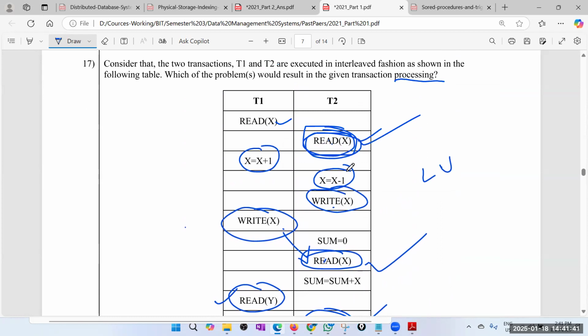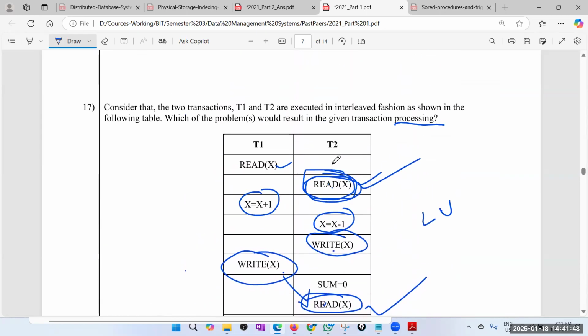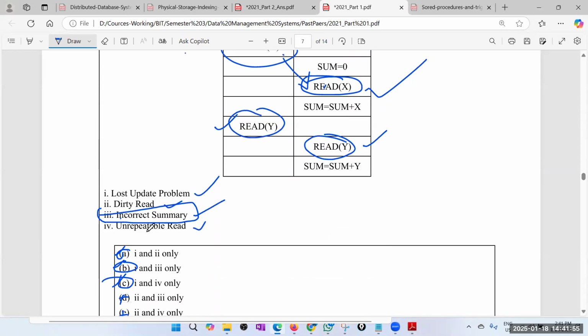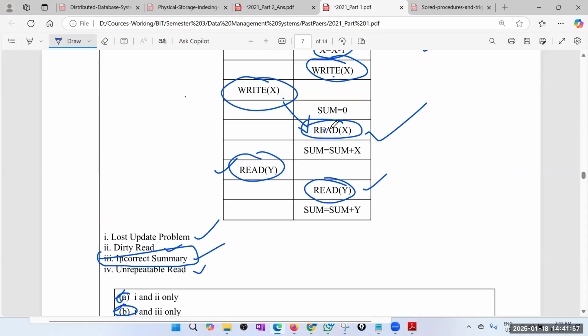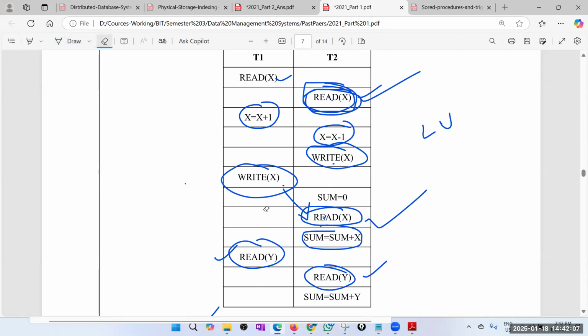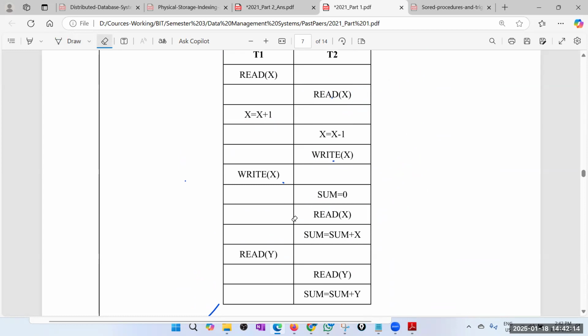Incorrect summary means unrepeatable read. Maybe you are doing a summation, right? I'm not very sure. Actually, it's very confusing for me. Of course, I have no confusion about the lost update, but I see multiple possibilities.